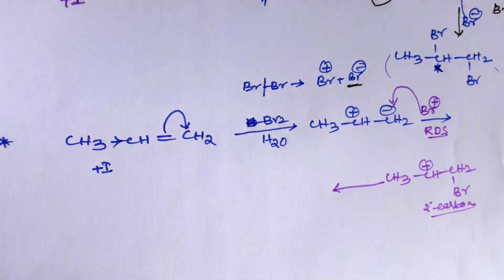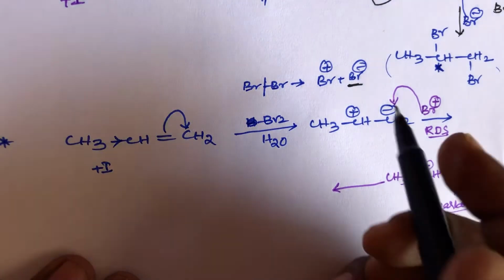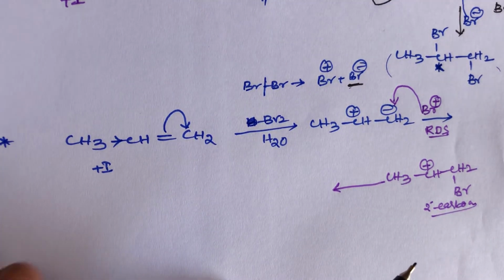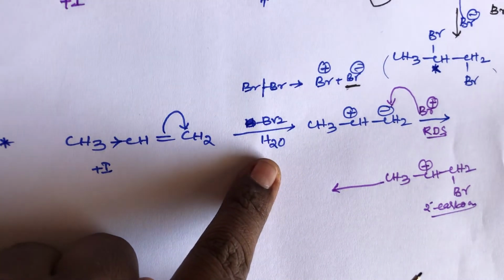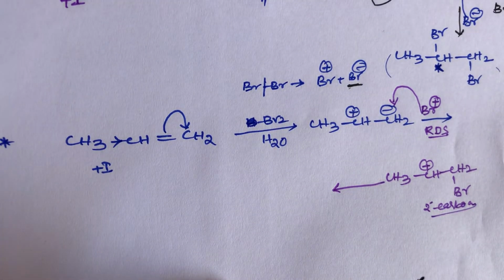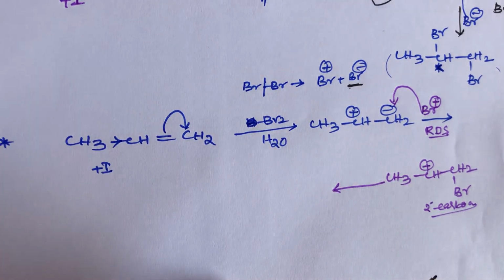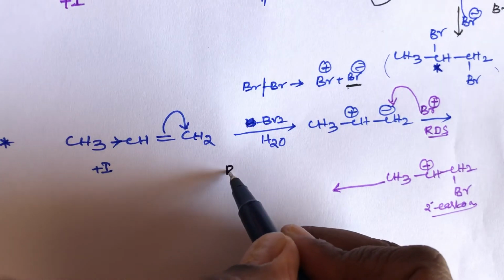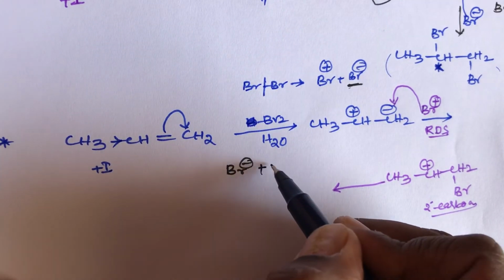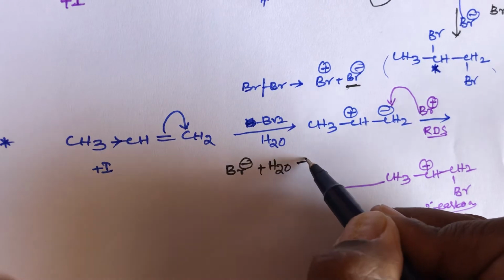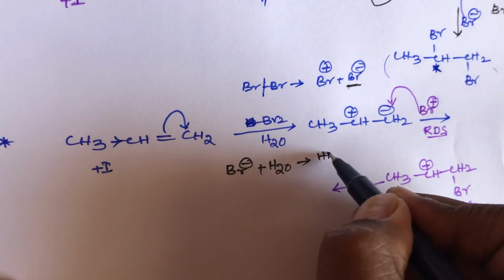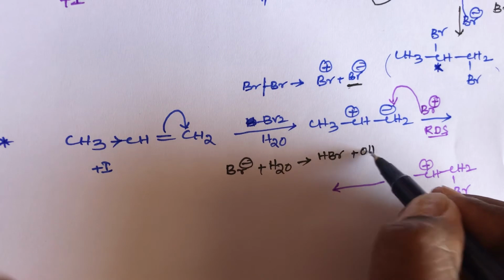This Br minus is a nucleophile, but here this Br minus dissolves in water due to the presence of a polar protic solvent. What is the role of the polar protic solvent, students? In the presence of a polar protic solvent, due to solvation of the anion, nucleophilicity decreases. This Br minus dissolves in water and gives HBr and OH minus.